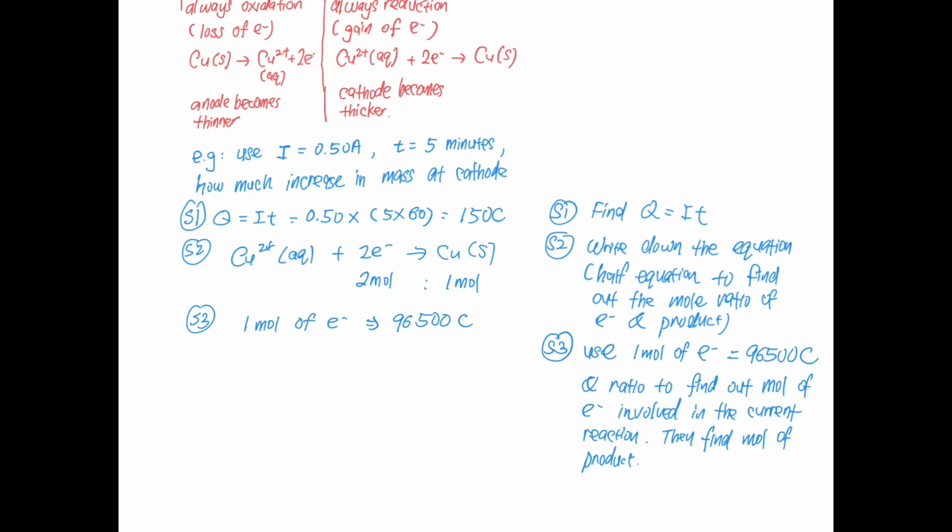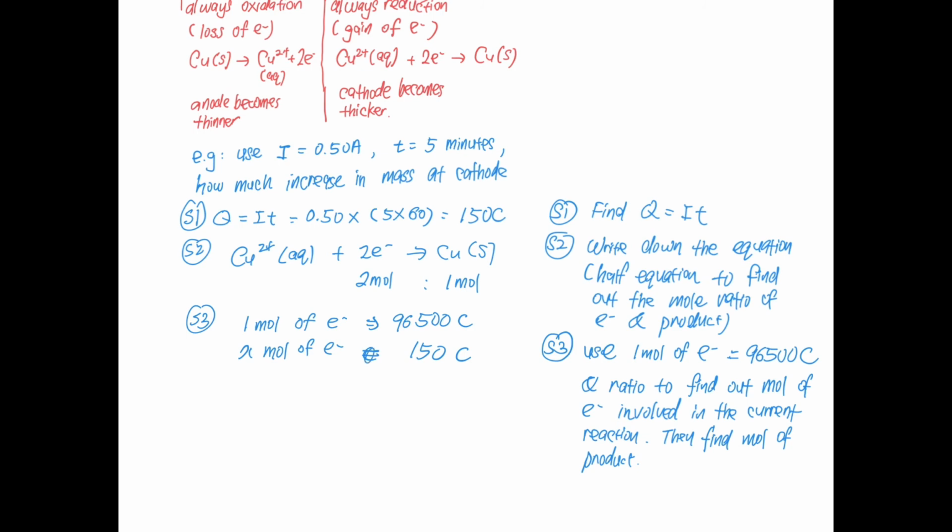But the thing is, we don't use this much charge. We use 150 coulomb only. So 150 coulomb is how many mole of electrons? We want to find this X here.